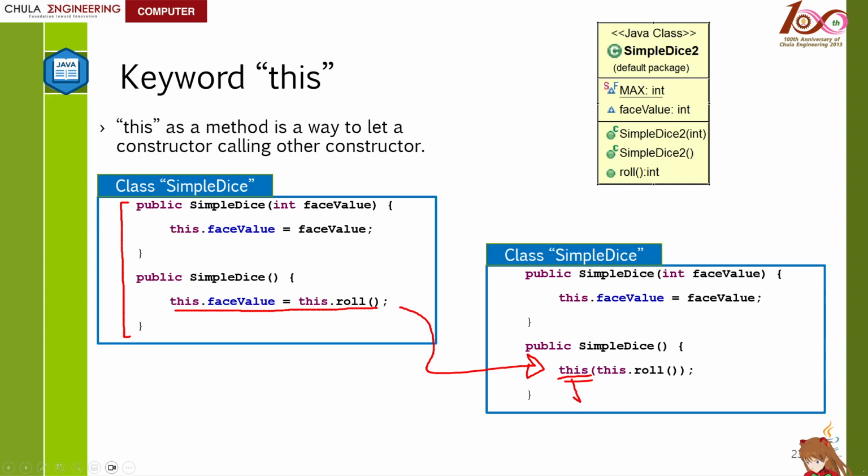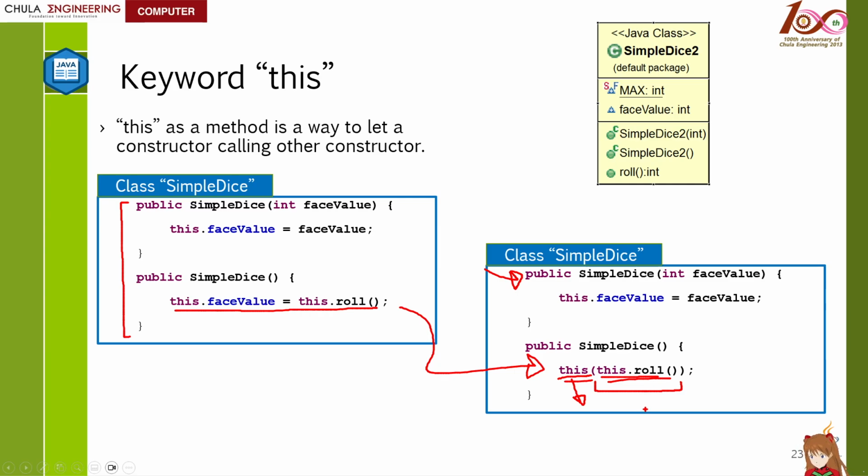So this is calling a constructor of the same class, but with a parameter. So it actually calls this one, with the value being the number of the dice roll.